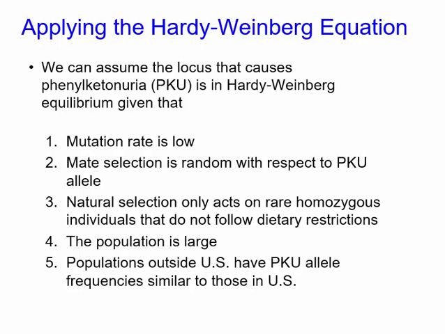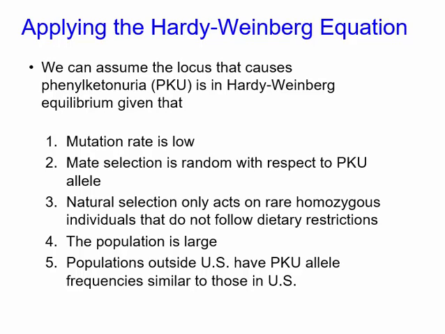So we assume the mutation rate is low, and that's reasonable here. Mate selection is random. With respect to the PKU allele, that's probably true. It's not some sort of outward phenotypic characteristic that might influence mate selection. Natural selection only acts on rare homozygous individuals that don't follow dietary restrictions. PKU is a condition where you can only consume certain types of food, and if you follow those, you're going to be fine.